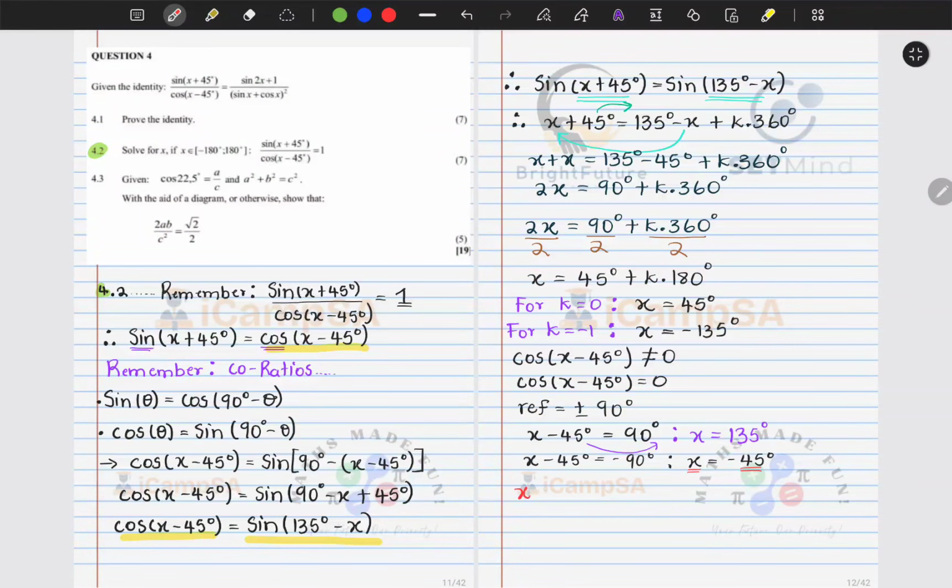So we can say that x is an element, if we want, from negative 180 to 180, and then say that x cannot be 135 degrees and x cannot be negative 45 degrees. Because if it becomes that, then we are going to have division by 0. That's very important.